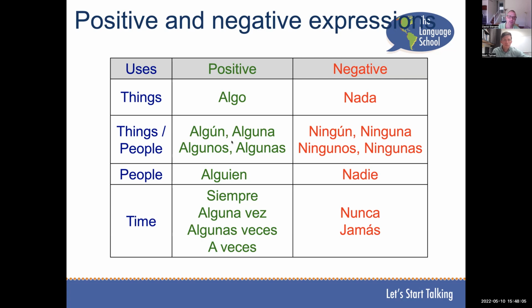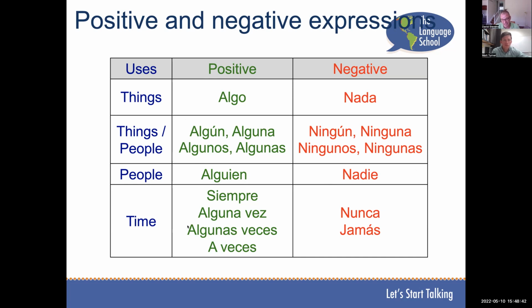Algún, alguna, algunos, o algunas would be the positive form of it. And then ningún, ninguna, ningunos, o ningunas would be the negative form. If you're talking about people, you say alguien or nadie. I think the reason why this one has things and people is because if you're talking about a person in the sense of a job title, like a doctor, you would say, por ejemplo, ¿hay algún doctor por aquí? So that's where that's coming from.